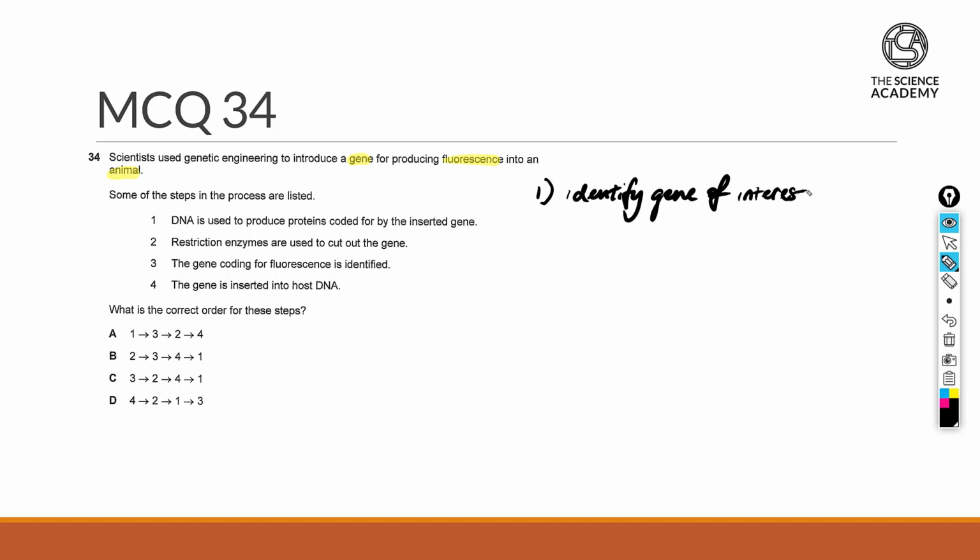And after the gene has been identified in a particular organism, we will remove this gene of interest using restriction enzyme. Now, using the same restriction enzyme, we are going to open a bacterial plasmid.